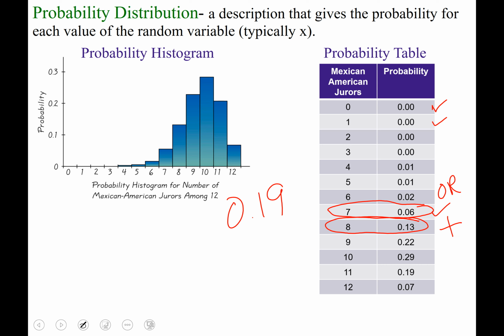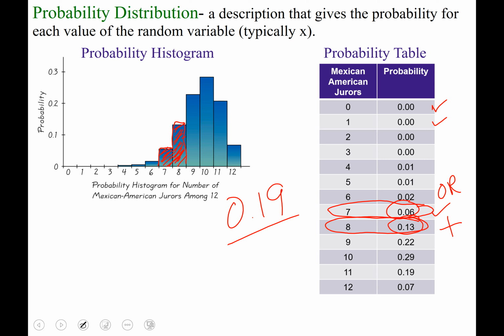So that came from 0.06 plus 0.13, which is 0.19. Looking at the bars here, this shaded region would be 0.19. The probability of randomly selecting a data value and it falling in this shaded region would be 0.19.